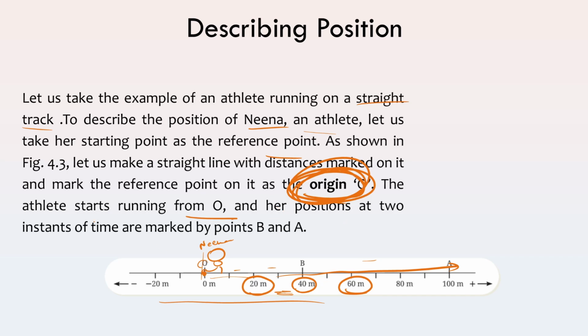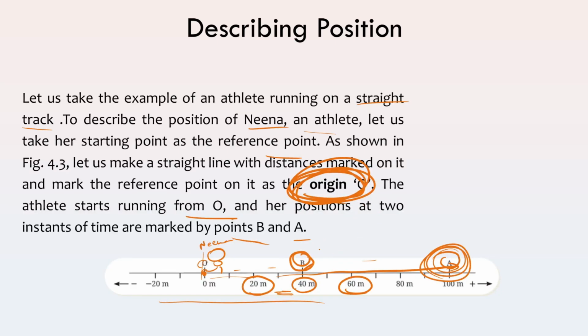Her positions at two instants of time are marked by points B and A. So this is point B and this is point A. At some instant of time she was here, and at some other instant she was here at A.